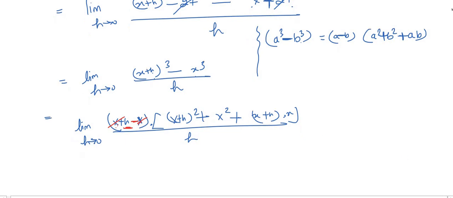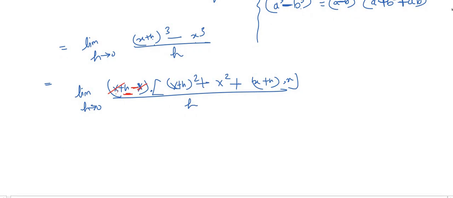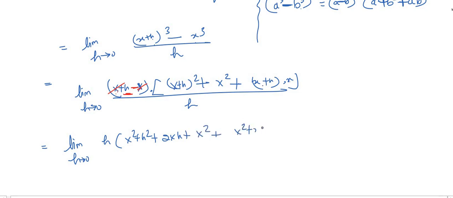Okay? So let me write down the simplified version of it. Limit h tending to 0, h, and here if I open it, it is x square plus h square plus 2xh plus x square, plus multiply this inside, x square plus xh, by h. This h and this h will cancel.